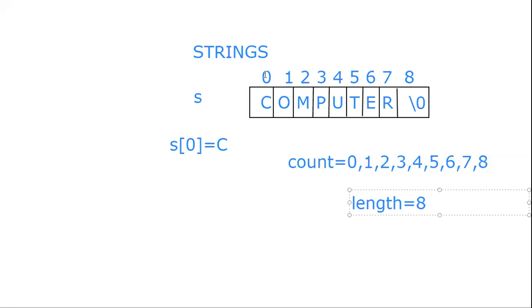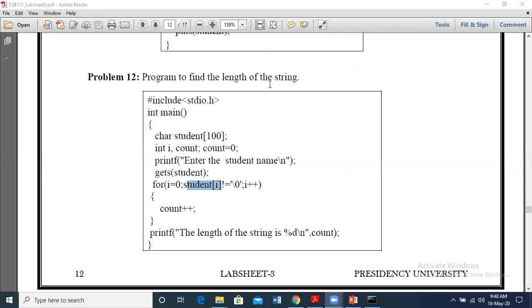Similarly, every time we will increment i and also increment count till R, so then count becomes 8. Next, when we check student of 8, when we check this, is the program visible?